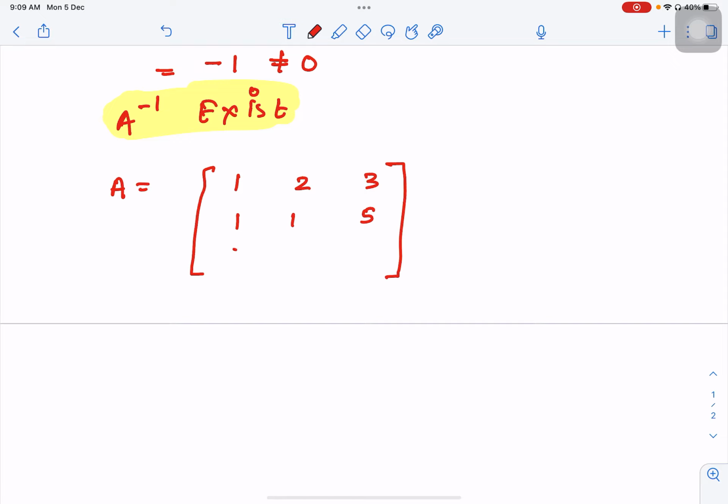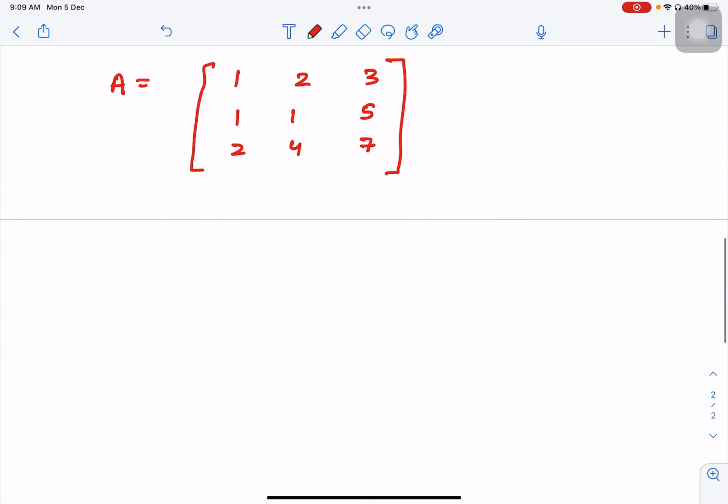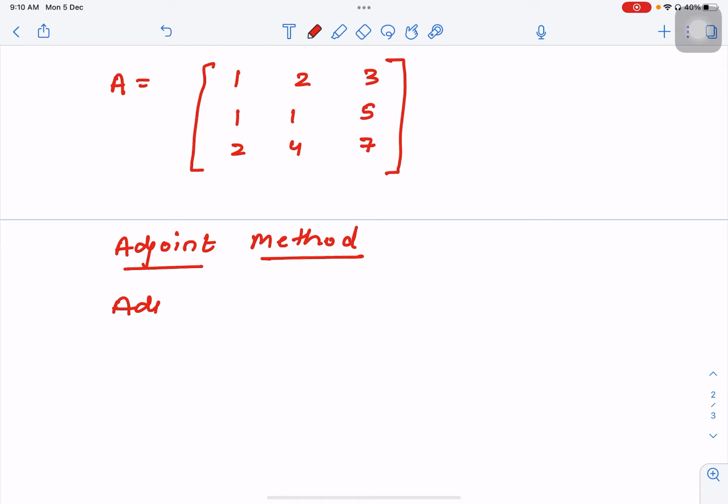We need to know the adjoint of this matrix, because the question was to find the inverse of the matrix using the adjoint method. So we'll see how to find the adjoint of a matrix. In short, we write ADJ of A, which means adjoint of A.